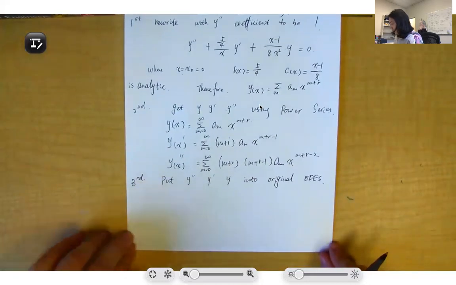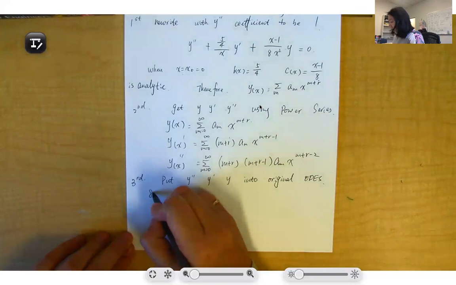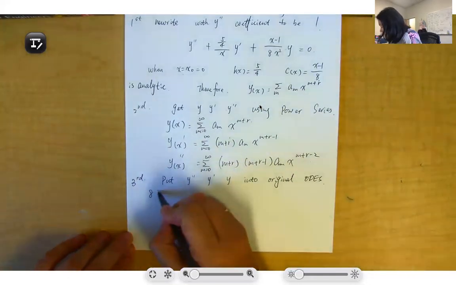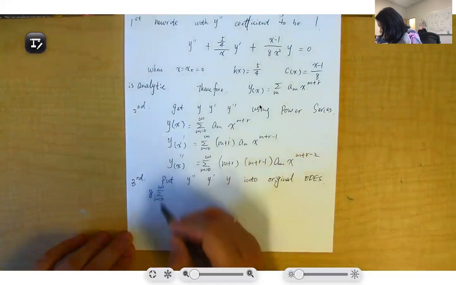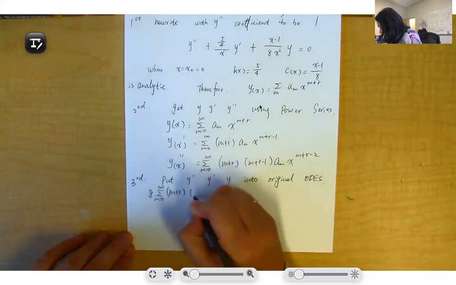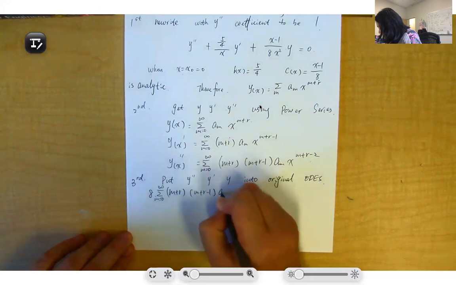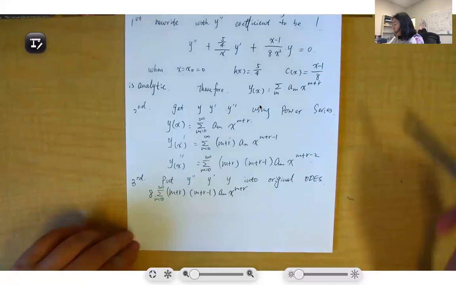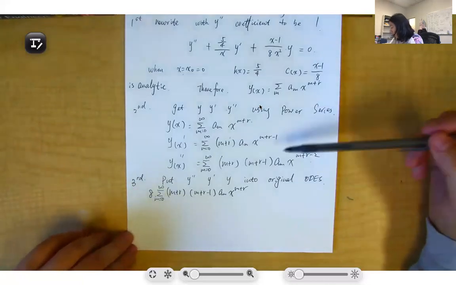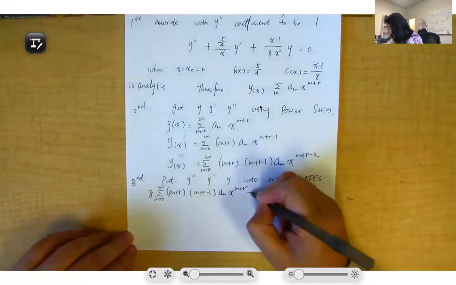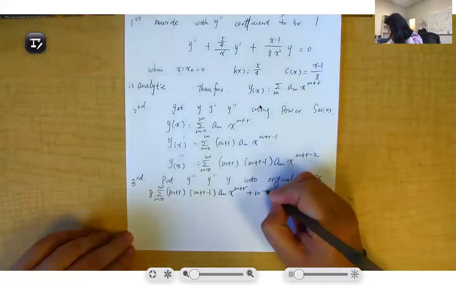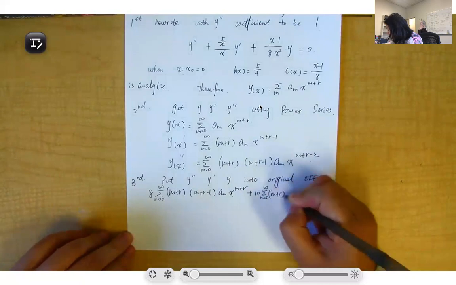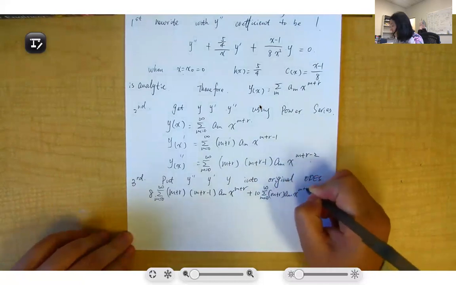That leads to 8 times x squared y double prime, which is 8 times the sum from m equals 0 to infinity of (m plus r) times (m plus r minus 1) a_m x to the m plus r. The second term is 10xy prime, which will be plus 10 times the sum from 0 to infinity of (m plus r) a_m x to the m plus r.